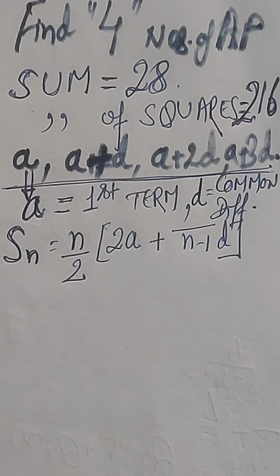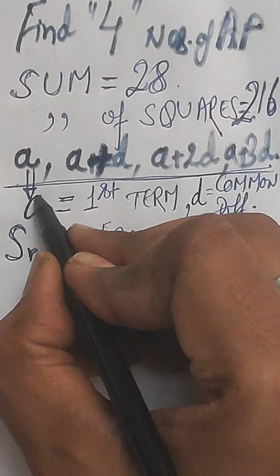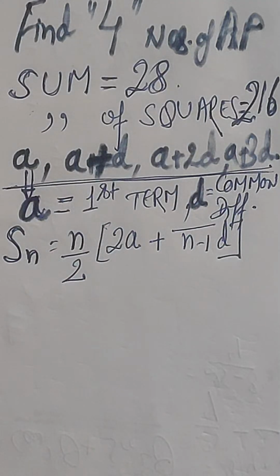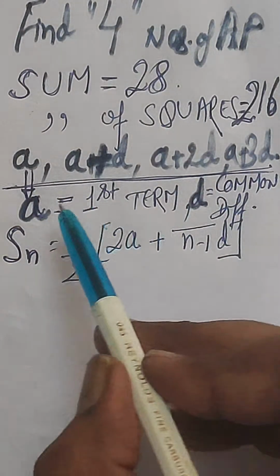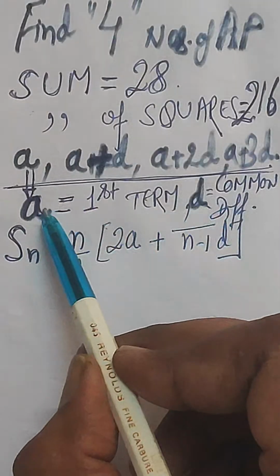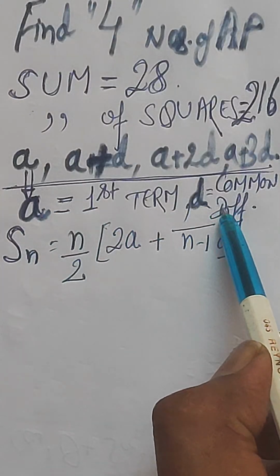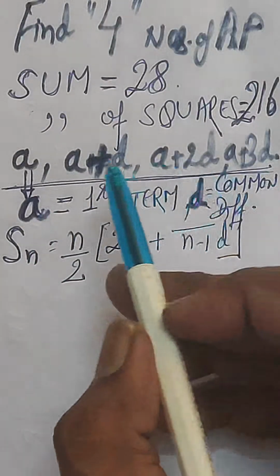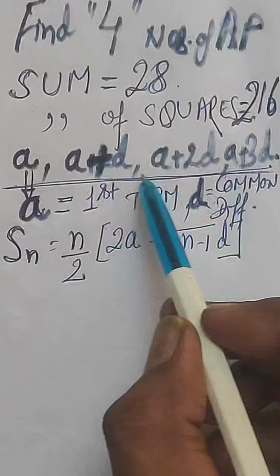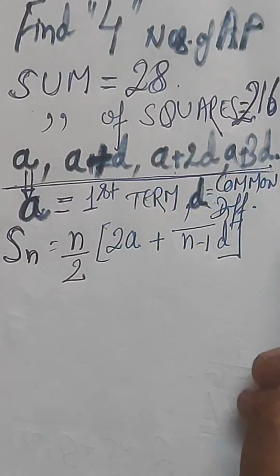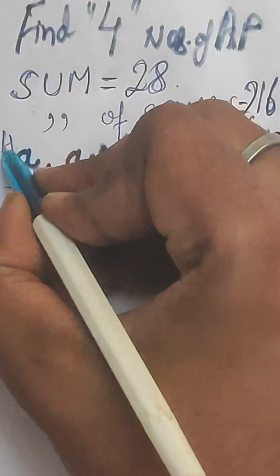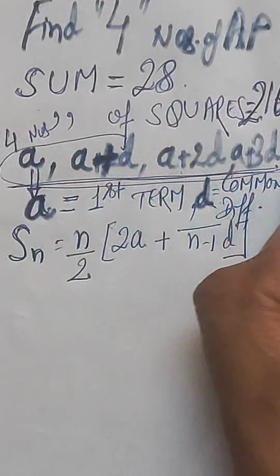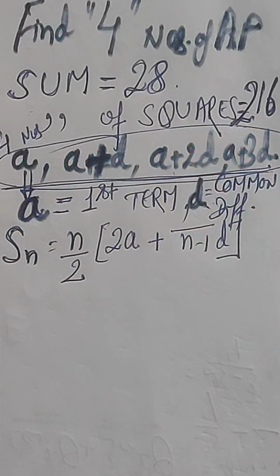Here A and D are the two variables. If the values of A and D are known, then we will be able to identify all four numbers: A, A plus D, A plus 2D, A plus 3D.